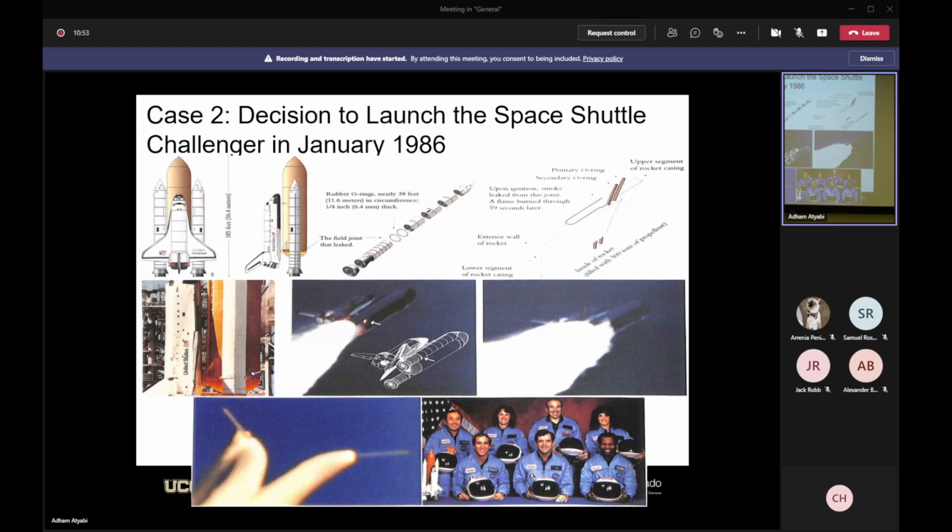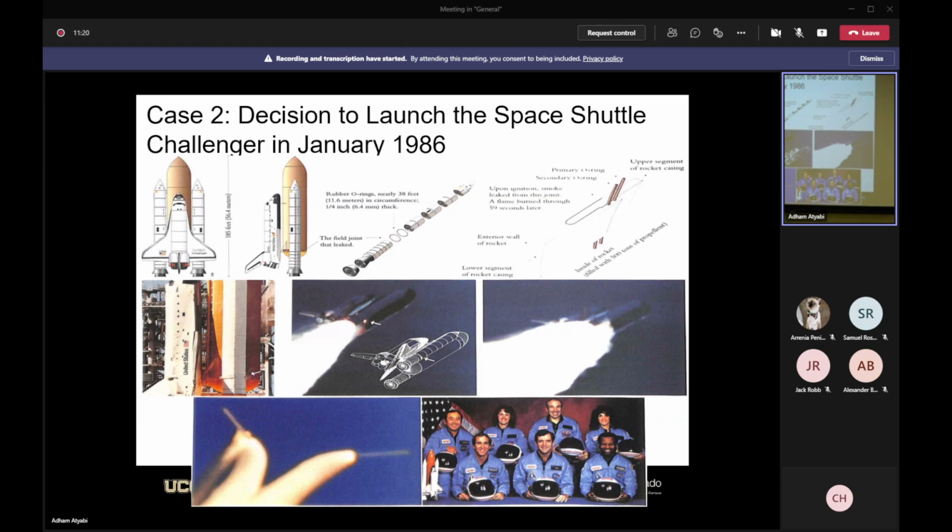Where these segments meet, each joint is sealed by two rubber O-rings. In the case of the Challenger accident, one of these joints leaked, and a torch-like flame burned through the side of the booster rocket.